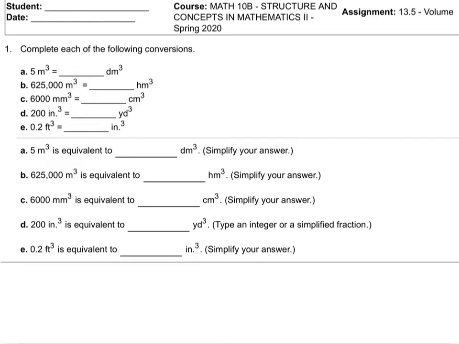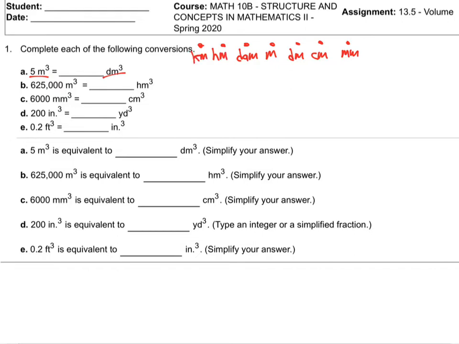Complete each of the following conversions. So we're going to take 5 cubic meters and change it to cubic decimeters. So I'm going to put the scale right here again. The conversion in the metric system. Right in the middle we have meters, and this will be decimeter, centimeter, millimeter. The other way we have decameters, hectometers, and kilometers.